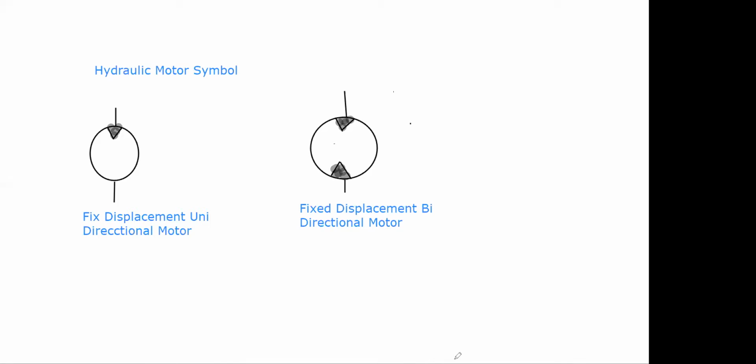Okay. Again, we are going to see variable displacement bidirectional. So for variable displacement bidirectional motor, only the symbol of this arrow gets added here.